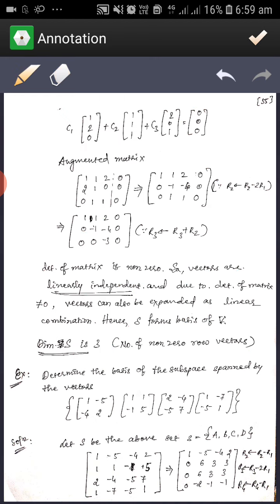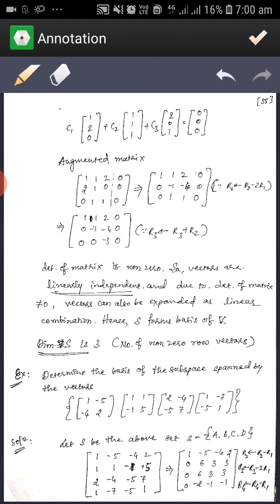Next problem: determine the basis of the subspace spanned by these 4 vectors. Here the 4 vectors are taken as a, b, c, d. How do we write this in matrix form?